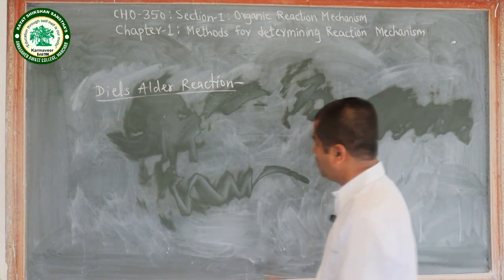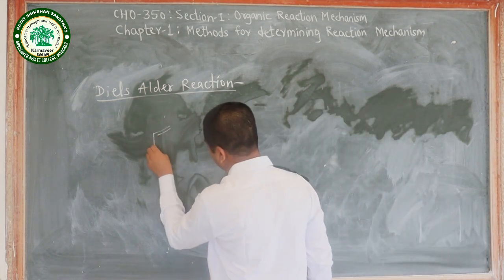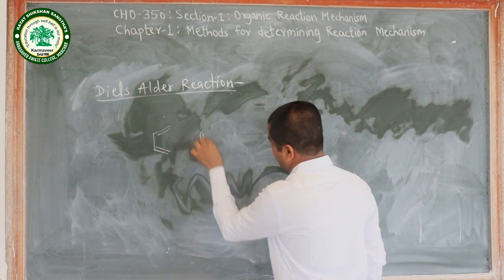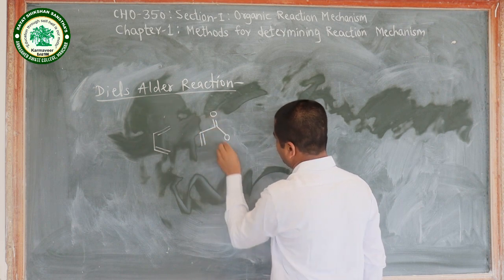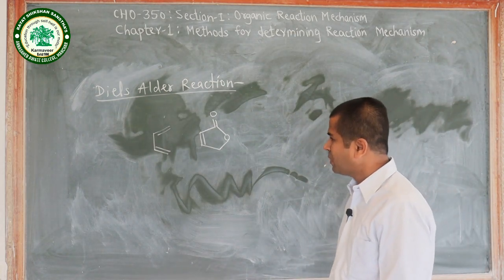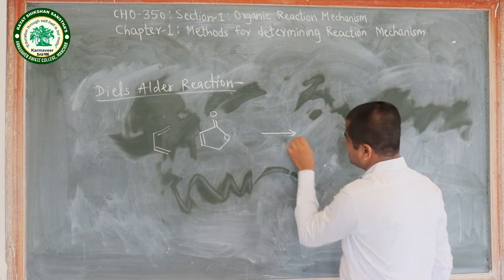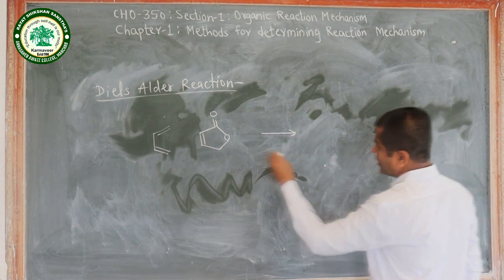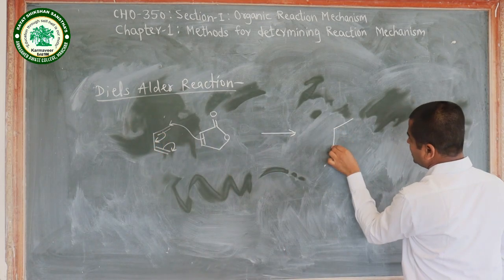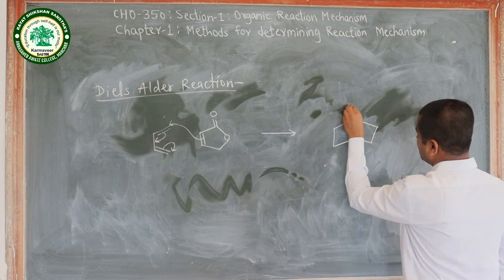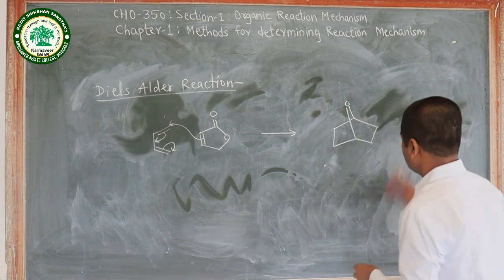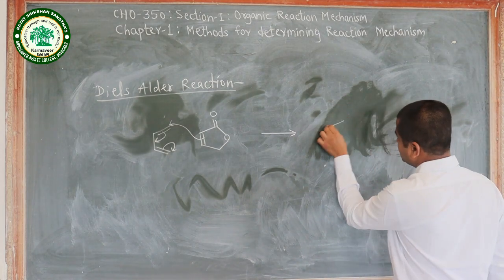In a Diels-Alder reaction, as we know, the substrates used are a butadiene and a dienophile. Suppose we have maleic anhydride and butadiene. The product for this reaction is like this.